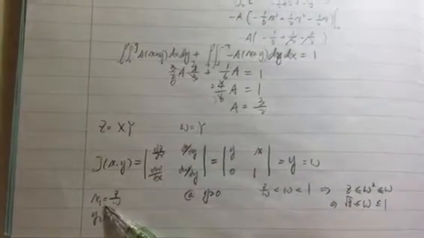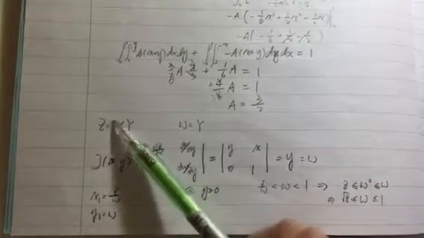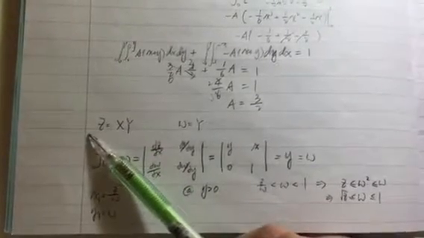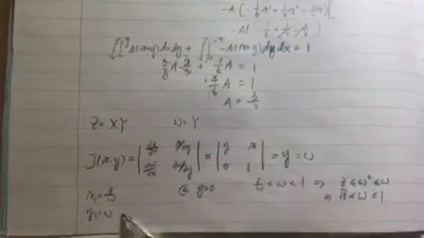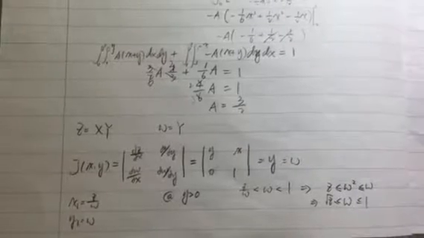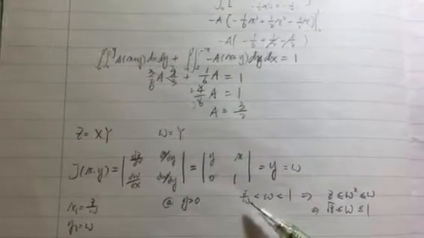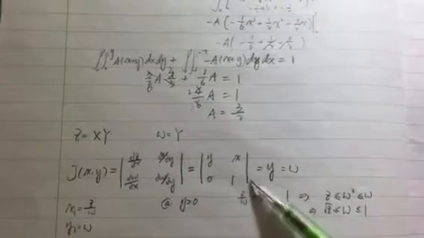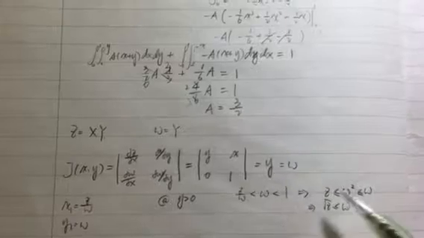So now we can find x1 is just x is z over w, since w is y, and then y1 is just w. We also have to think about this question in two cases. When y is positive, we have z over w, which is x, smaller than y, smaller than 1.